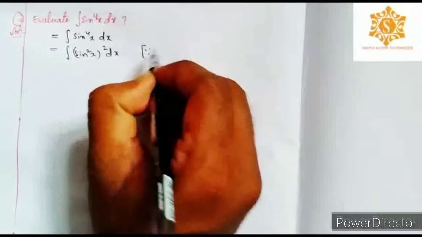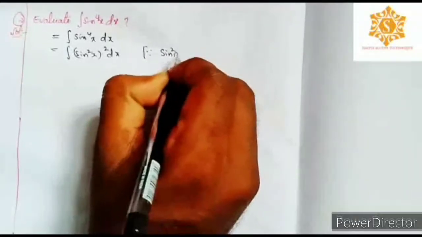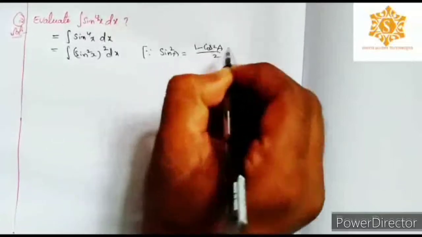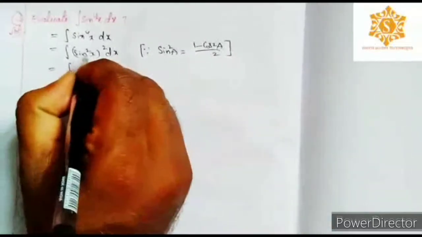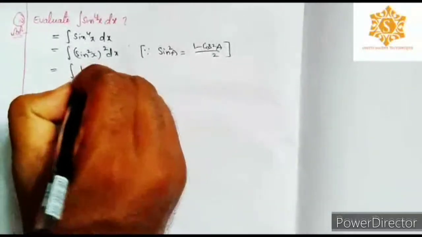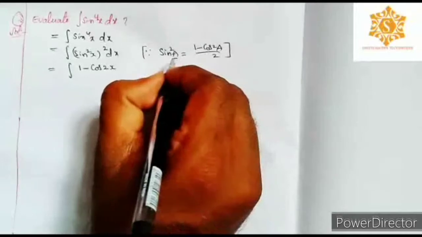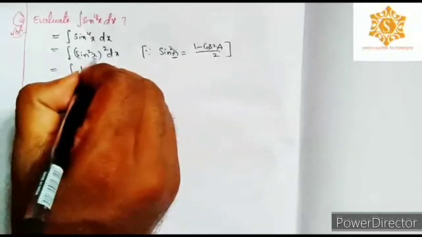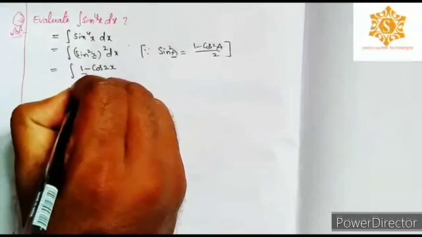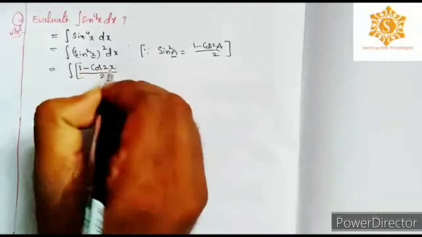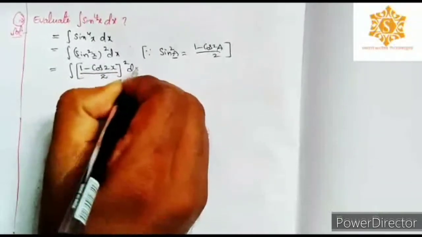We know the formula, sin square a equals to 1 minus cos 2a by 2. Using this formula, you can write sin square x as 1 minus cos 2x. Here a value is x. So 1 minus cos 2x by 2 whole square into dx.